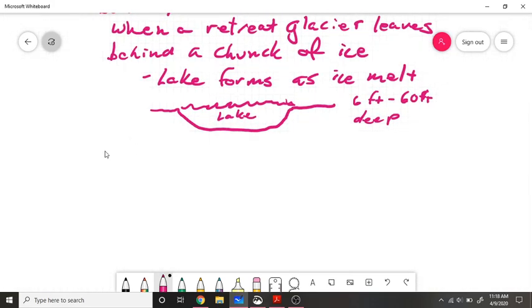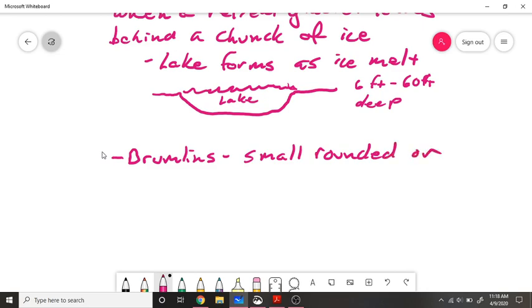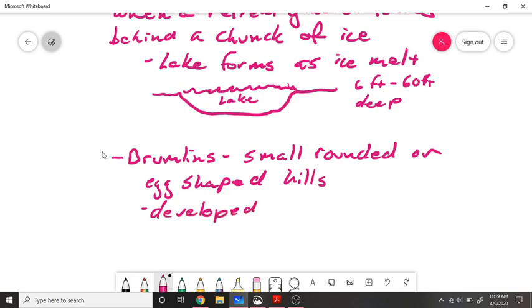Like just the opposite of our little rounded lake, the state of Massachusetts is covered with drumlins. Drumlins are small, rounded, egg-shaped hills. And these hills may have developed as the glaciers are melting.